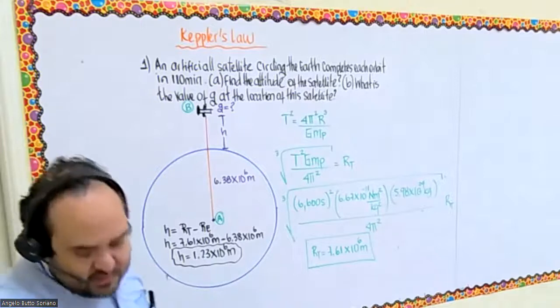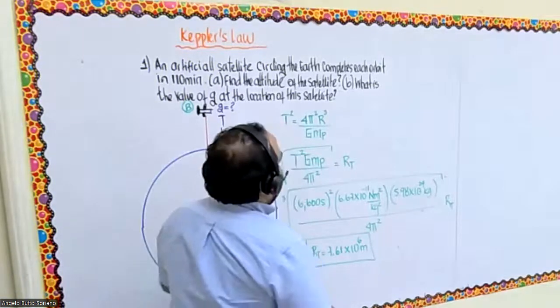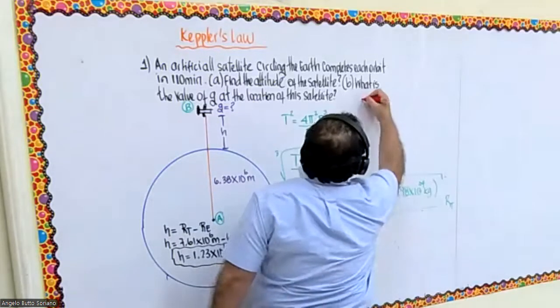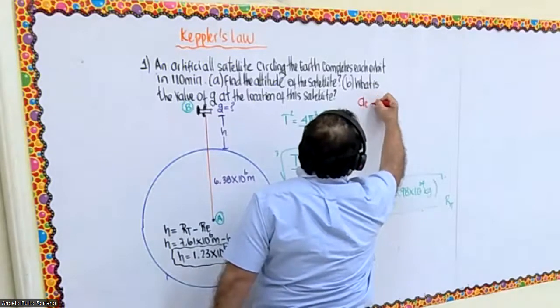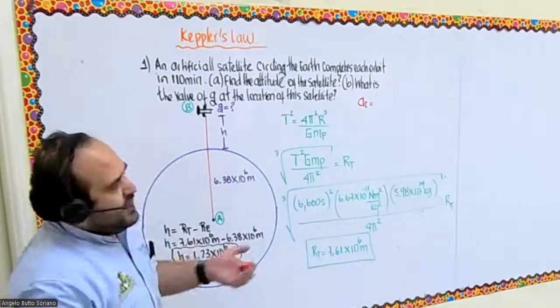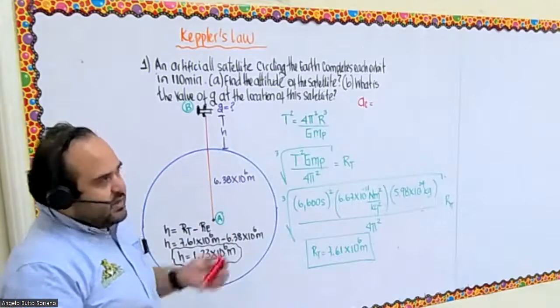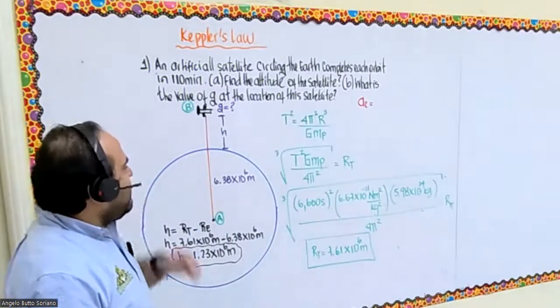Now the second question is, what will be the gravity? Remember, we have some kind of equation for the gravitational acceleration, or centripetal gravitational acceleration, or the gravity. Remember what this equation was?